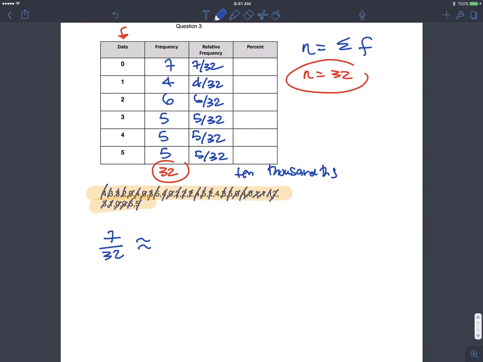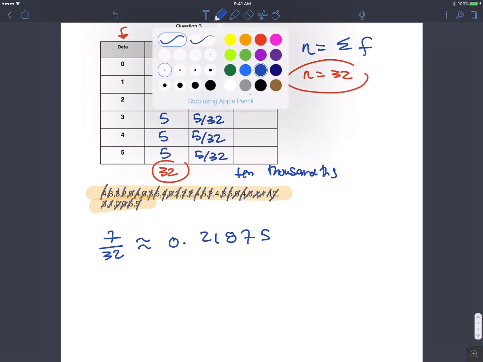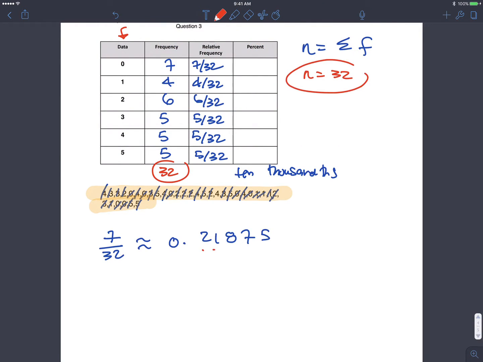7 divided by 32. I get 0.21875. So let's find the position here. This is going to be tenths, hundredths, thousandths, 10 thousandths. This is the position we have to approximate to. We look at the digit to the right.